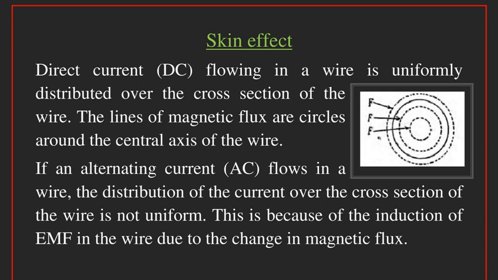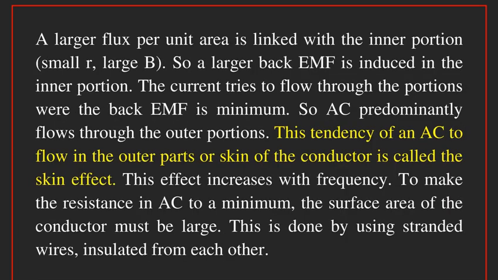If an alternating current is passing through a conductor, it is not uniformly distributed throughout the thickness of the conductor, because as the current passes through the conductor, the magnetic field will be more in the interior part, because the magnetic field B is inversely proportional to the distance of the point from the axis.